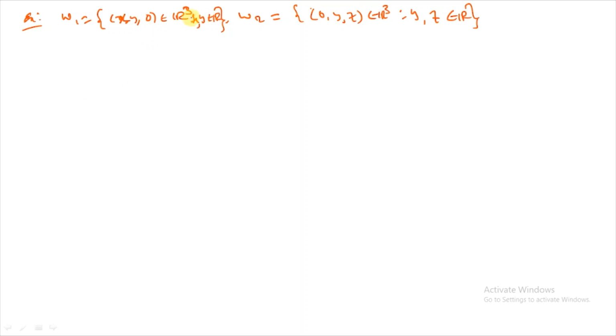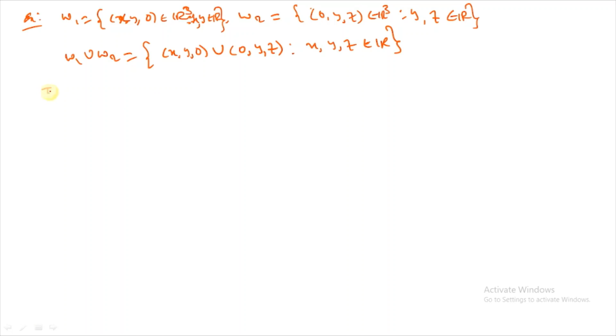Now, suppose it's a subspace, it must satisfy vector addition and scalar multiplication. Suppose we take W1 union W2. What does W1 union W2 mean? It is (x, y, 0) union (0, y, z), such that x, y, z belong to R.